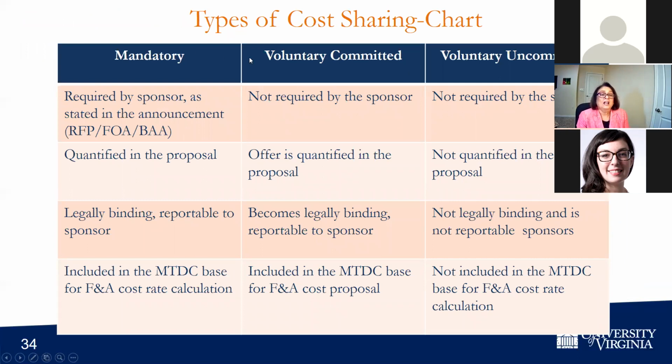So the three types of cost sharing. Mandatory is required by the sponsor and it is stated in the solicitation. It is a program condition, an award condition. Let's say, Department of Energy, notorious for mandatory cost sharing.